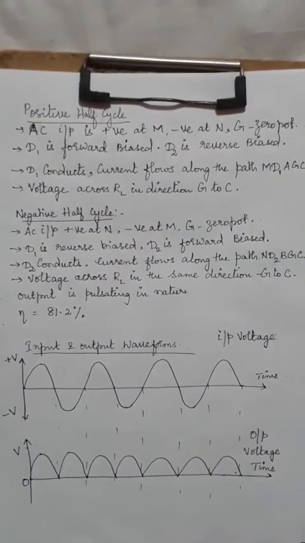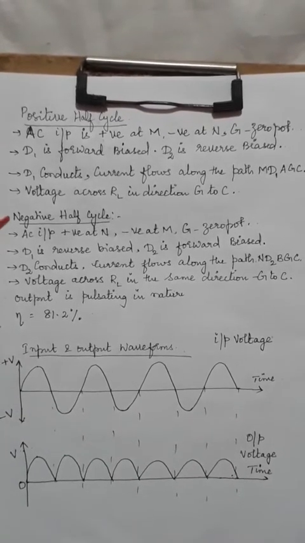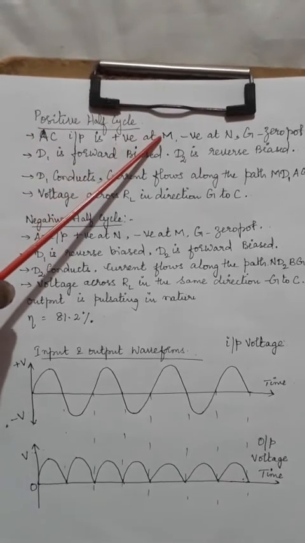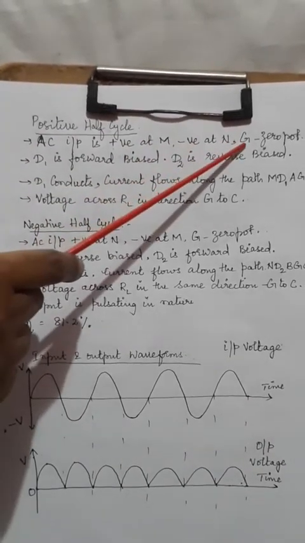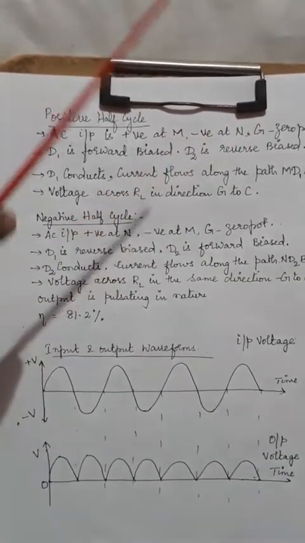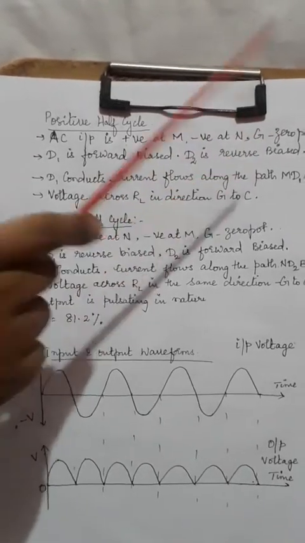So now in the full wave rectifier, it has both a positive half cycle and a negative half cycle. In the positive half cycle, M is positive, N is negative and G is 0.